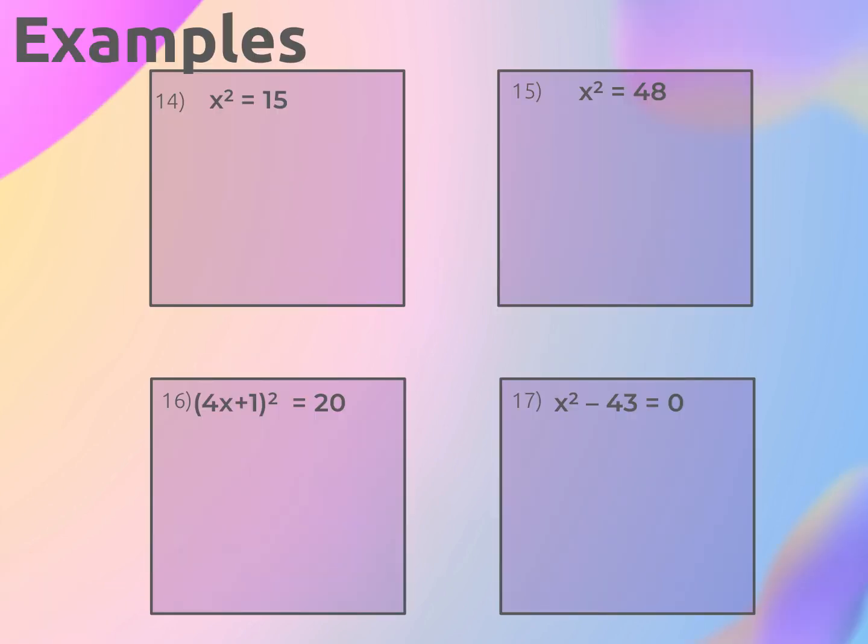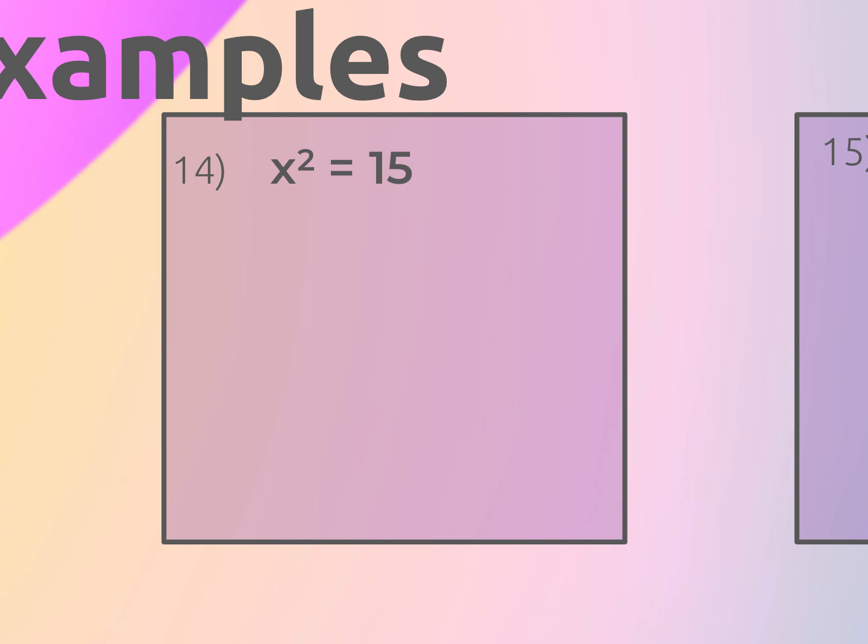Okay, let's get started. We can start with number 14. This is one of our cases where we just see an x squared. We don't see an x anywhere in this equation, right? And if you try to do it the other way, getting everything equal to 0, when you move the 15 to the other side, let's say you get x squared minus 15 equals 0.